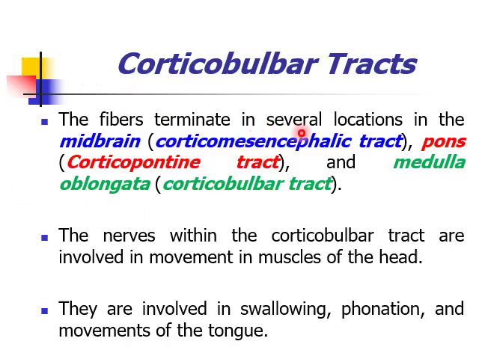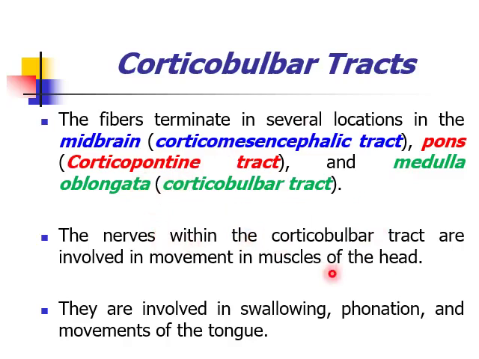The fibers terminate in several locations. The part of the corticobulbar tract terminating in the midbrain is called the corticomesencephalic tract. The part terminating at the pons is called the corticopontine tract, and the part terminating on the medulla oblongata is called the corticobulbar tract.